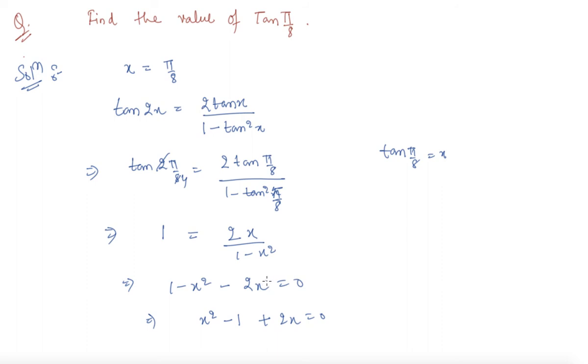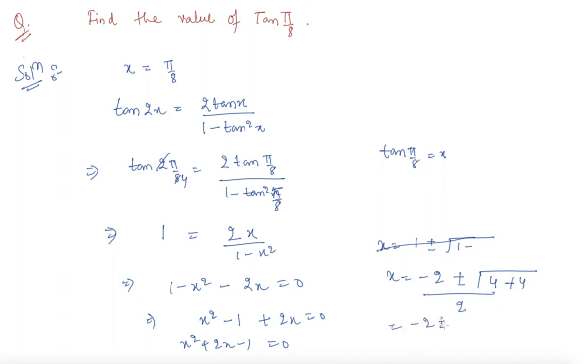You have to solve this quadratic equation, and you will get the roots using minus b plus minus square root of b square minus 4ac, upon 2a. Taking this in standard form, x equals minus 2 plus minus square root of 4 plus 4, upon 2.